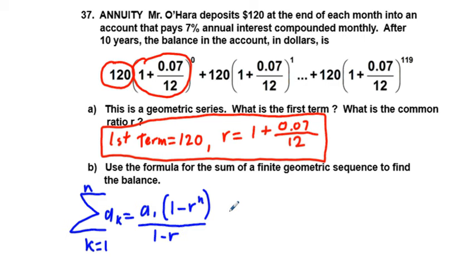And for that, what we have is 120 times, which is a sub 1. In this case, they call it a sub 0, right? That's a sub 1. We have 1 minus r, which is 1 plus, I'll say 0.07.